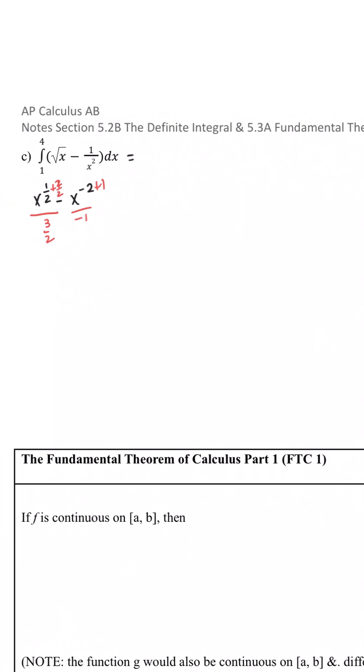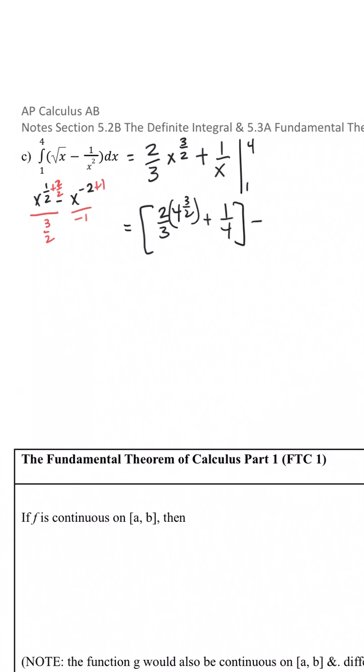This is going to be 2/3 x to the 3/2 plus, what is that going to be? x to the -1, or just 1 over x, from 1 to 4. That's the hardest part, really. And so from here, we're just going to plug in. So we're going to get 2/3 times 4 to the 3/2 plus 1 over 4, minus 2/3 plus 1.